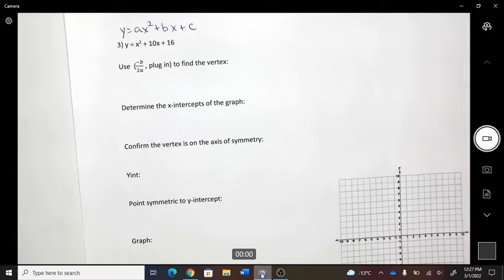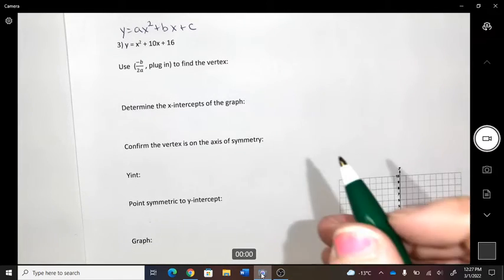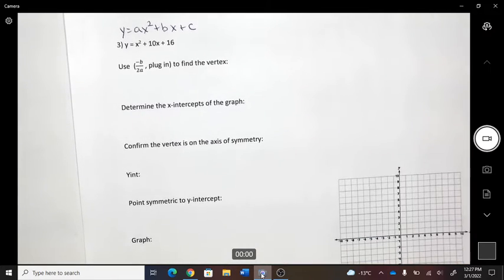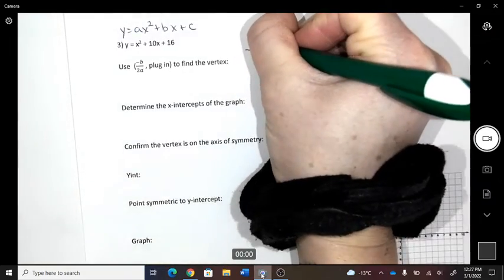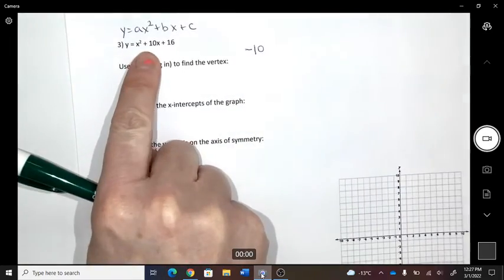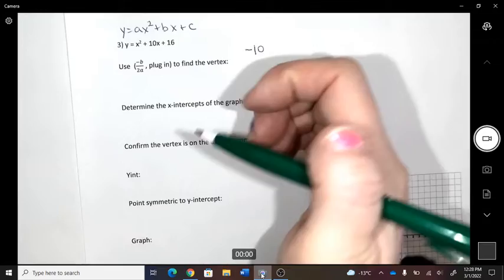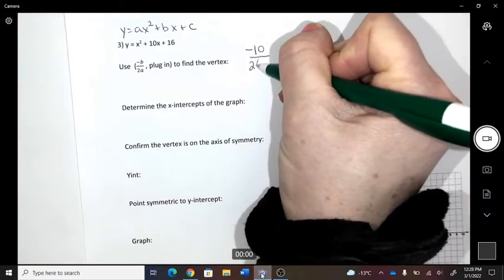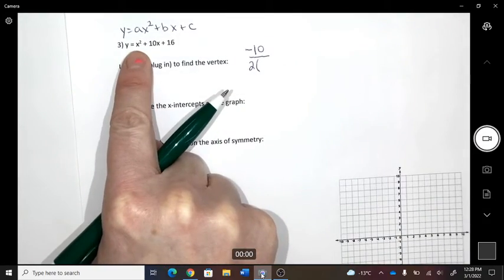Okay. Use this little formula to find the vertex. So negative b over 2a. So negative b, I'm going to go negative 10 divided by 2 times, what is the a number?